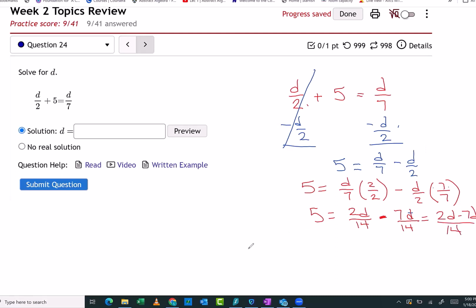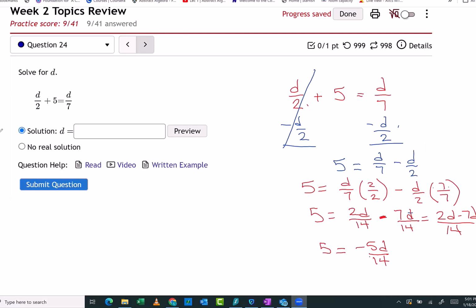I'm going to rewrite this as 5 equals, and I can subtract 2d minus 7d. 2 minus 7 is negative 5 times d divided by 14. The next thing I need to do is get rid of that denominator.